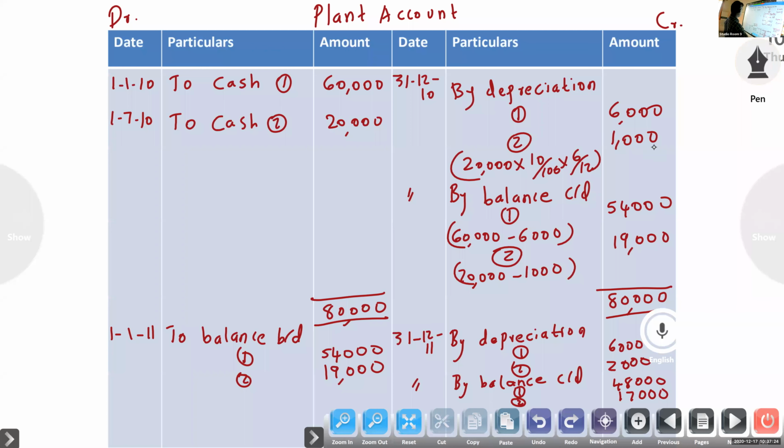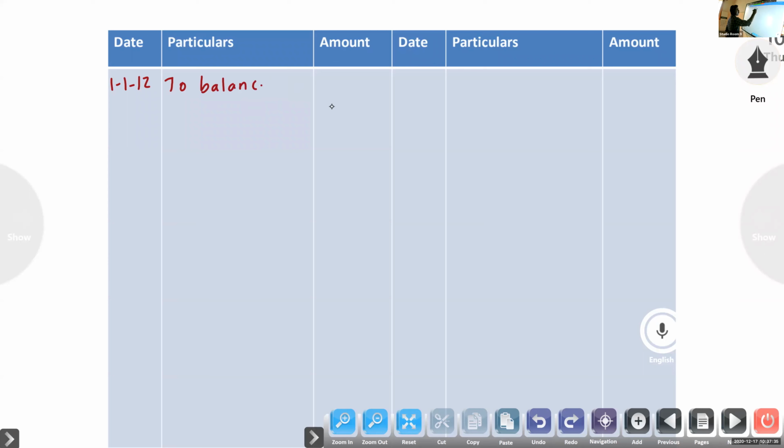So next year, 1/1/2012, to balance b/d, 48,000 and 17,000. This year only on 1st July 2012, so we can write 1/7.